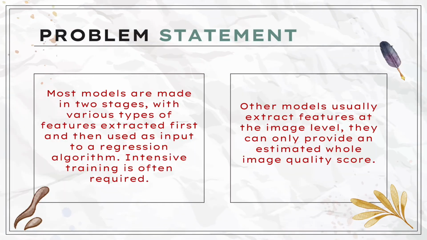There are two problem statements in my project. First, most models are made in stages, with various types of features extracted first and then used as input to a regression algorithm. Intensive training is often required. Second, other models usually extract features at the image level. They can only provide an estimated whole image quality score.